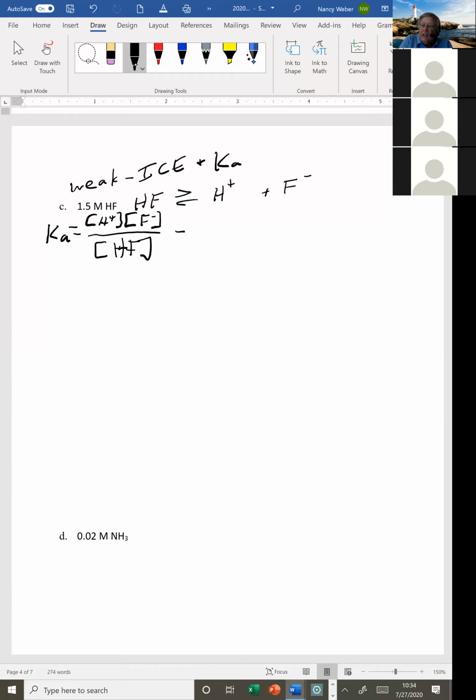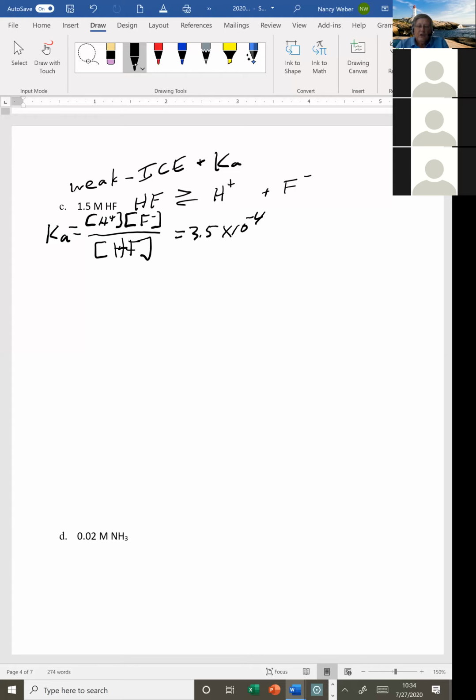And it's going to equal 3.5 times 10 to the minus 4. One thing too, the minus 4 tells you it's also weak. The stronger the acid, the smaller the magnitude of the negative exponent. It's going to be -1, -2, or much stronger than -4.